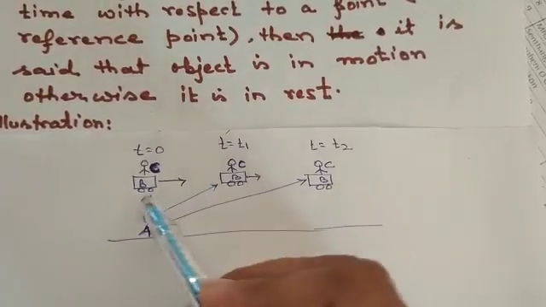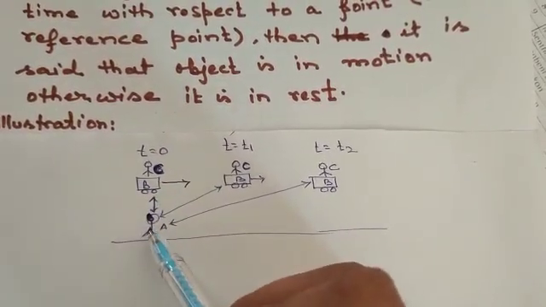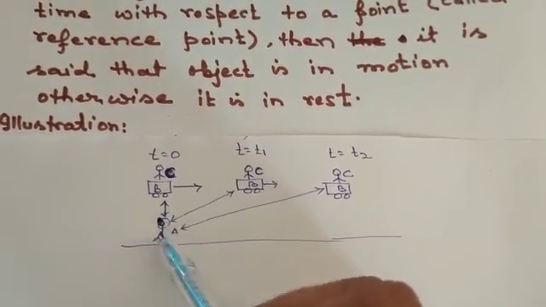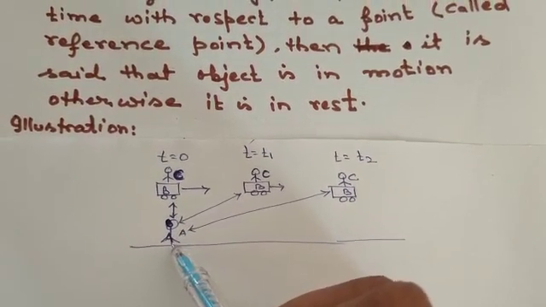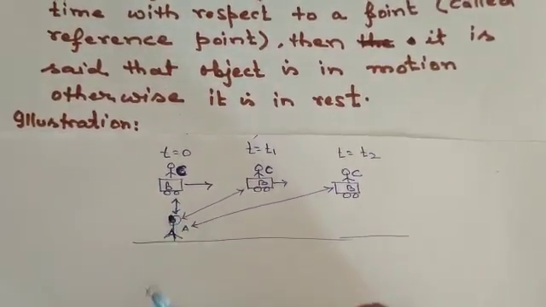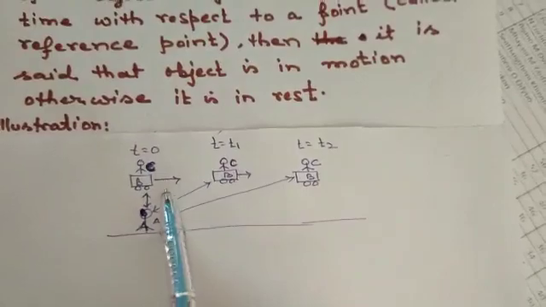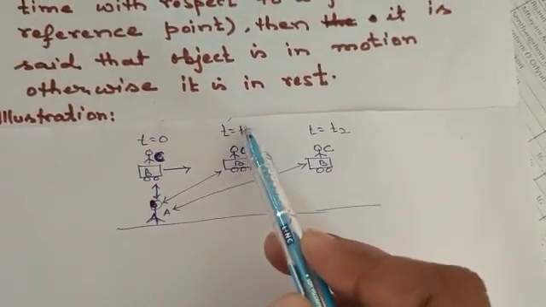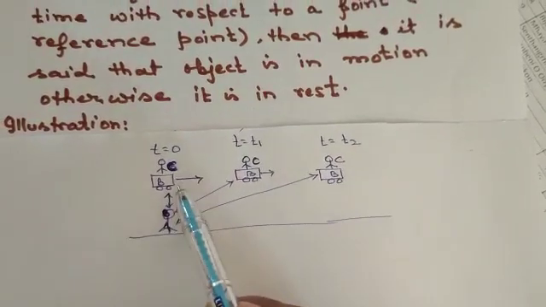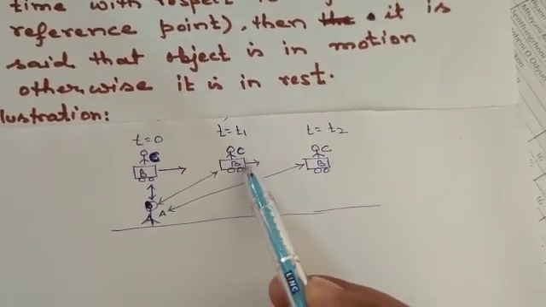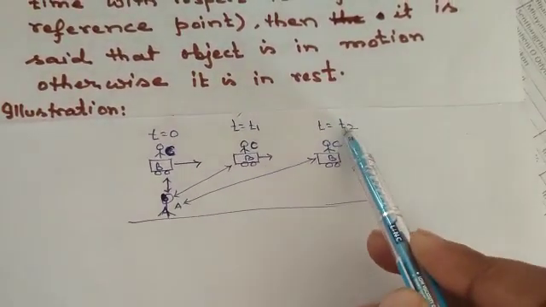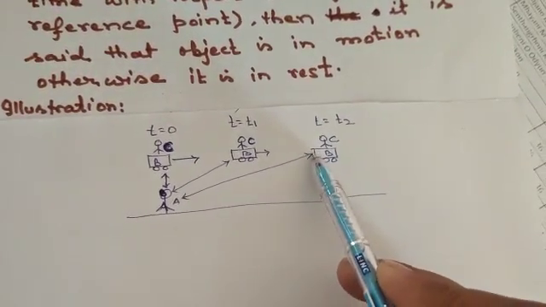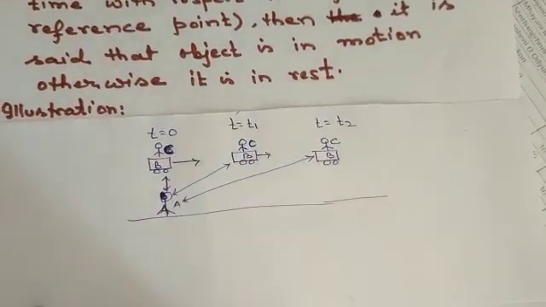At t equals 0, the vehicle is at the same position with respect to A as you are looking. As time passes, the vehicle starts moving towards the right. At t equals t1 second, let us assume the vehicle is at this position, and at t equals t2, the vehicle is at this position.